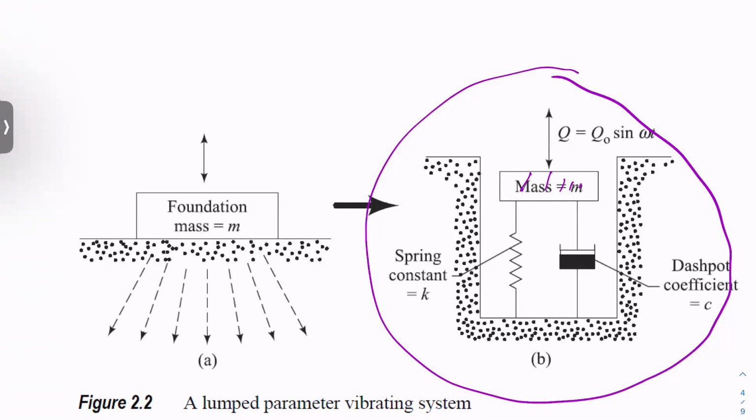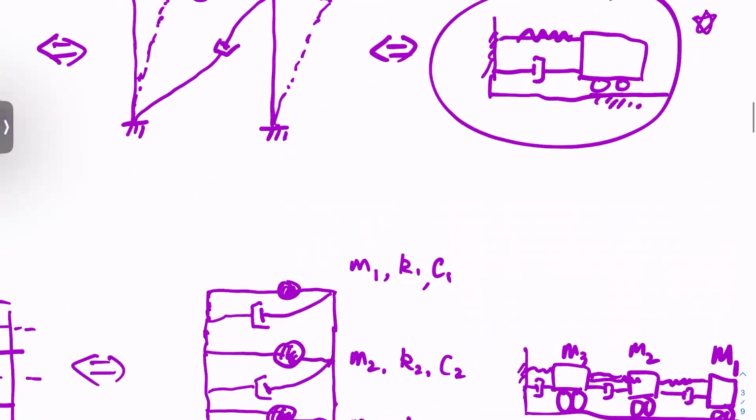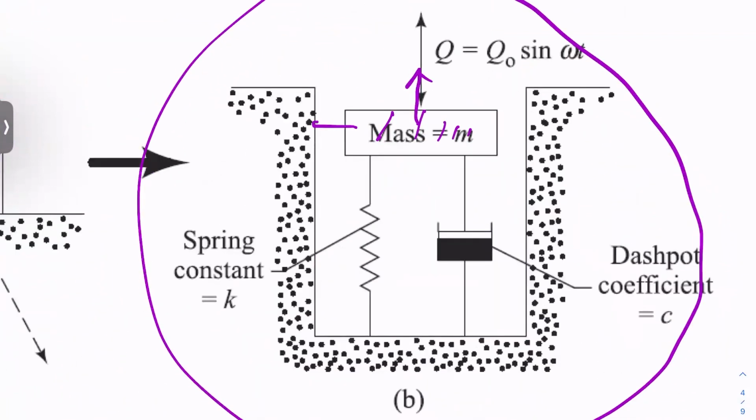This mass is moving up and down, and it won't be able to move left and right for this purpose. It's essentially the same as here, which is a model you're gonna see a lot for structures, but here we look at it as a foundation analogy. Mathematically they are the same.